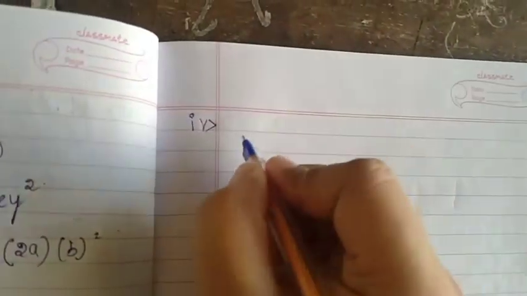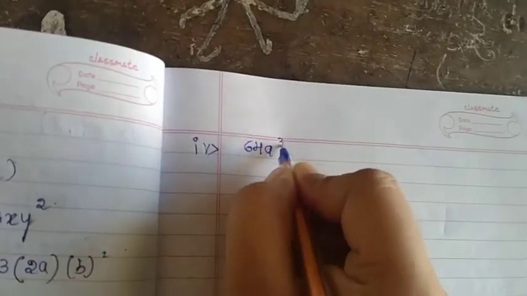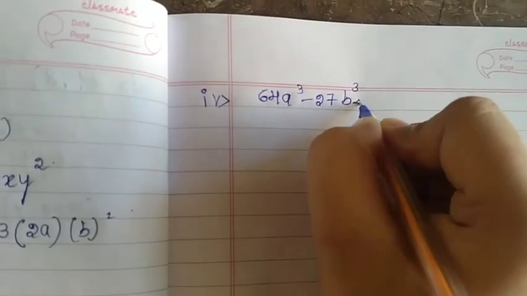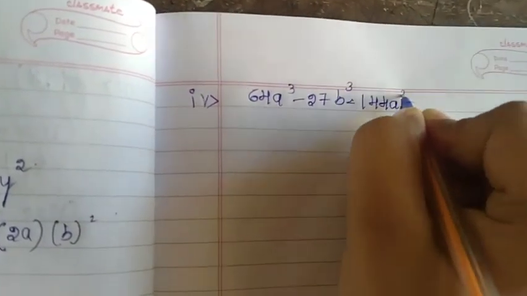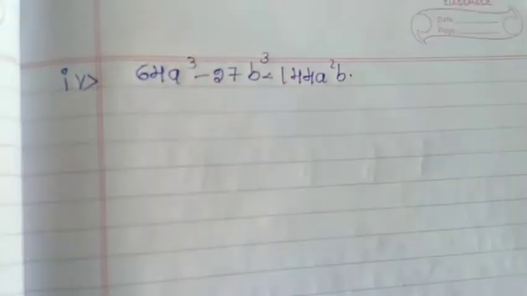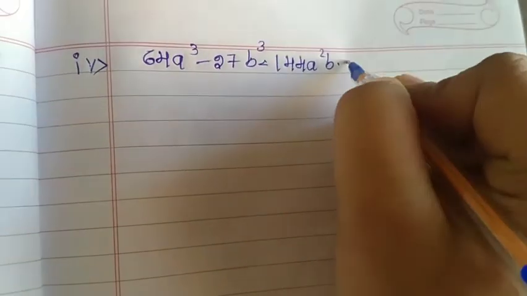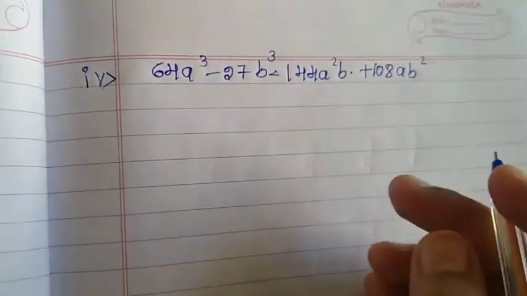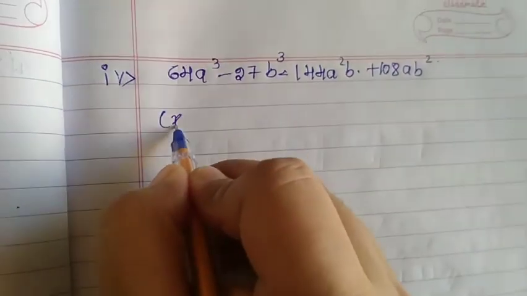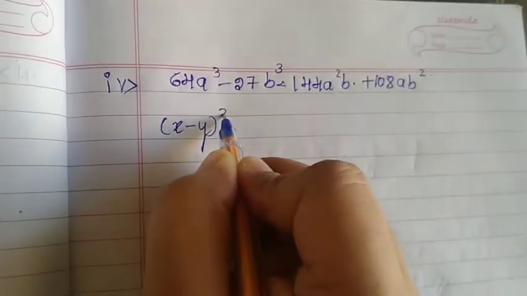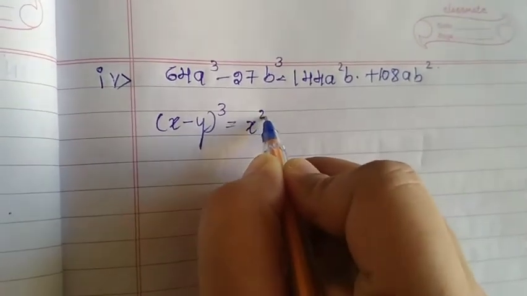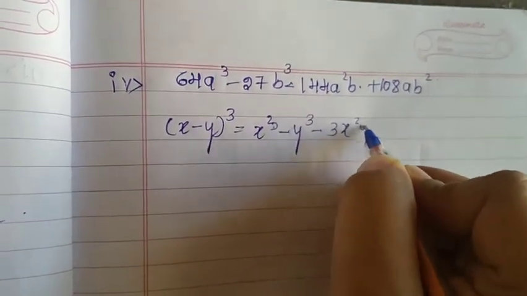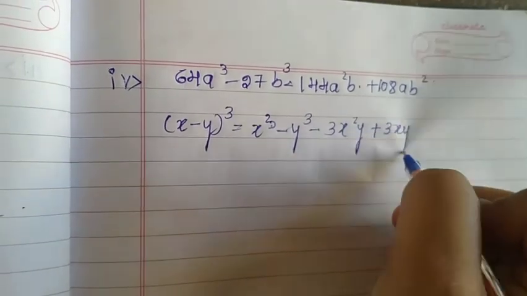Fourth question: 64a cube minus 27b cube minus 144a square b plus 108ab square. Again I am going to write the identity: x minus y the whole cube is equal to x cube minus y cube minus 3x square y plus 3xy square.